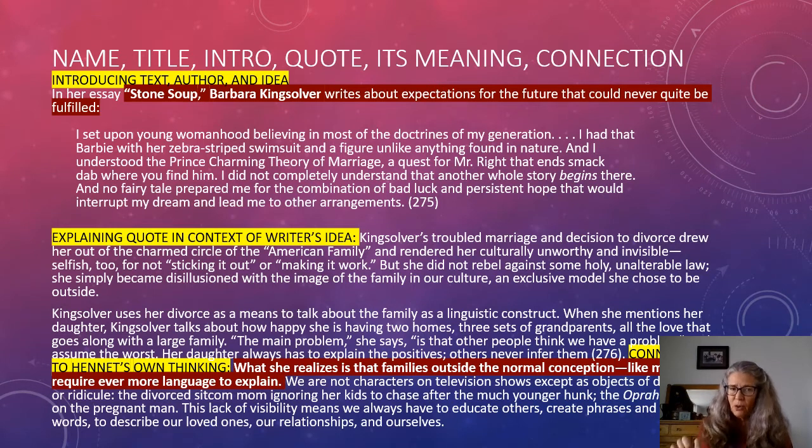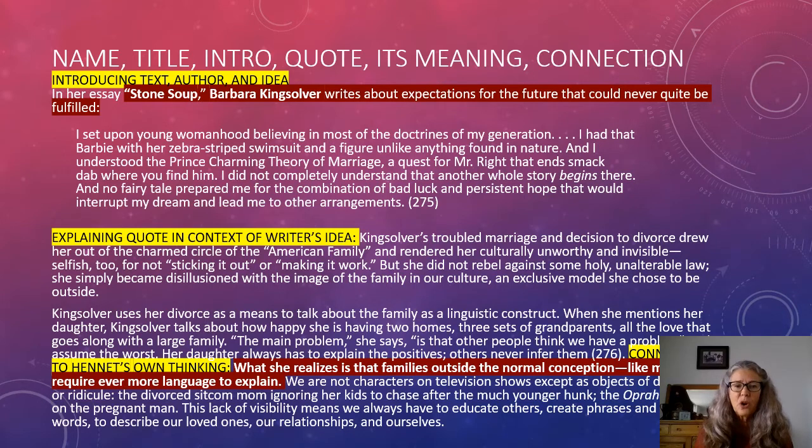You put in the quote that you feel works at this particular point of the piece, and you then explain that quote in the context of the writer's idea in your own words. So the quote itself speaks, according to Hennet, Kingsolver's troubled marriage and decision to divorce drew her out of the charmed circle of the American family and rendered her culturally unworthy and invisible.